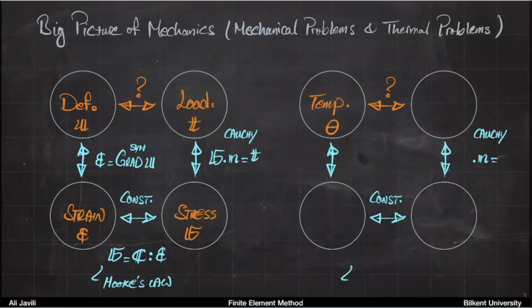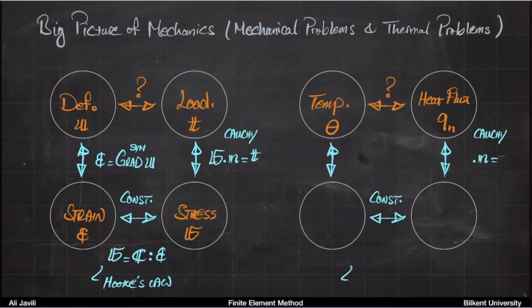Now, your loading is heat flux. And this is going to be a scalar valued heat flux. So I'm just going to call it Q, or maybe I call it Qn for simplicity, to show that this is the scalar value in the normal direction. Now, instead of strain, you have temperature gradients.